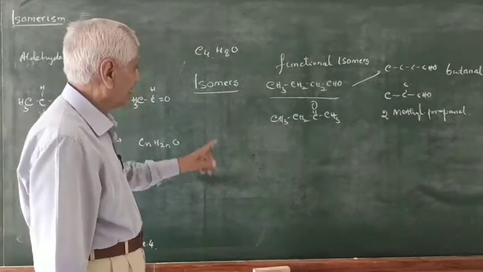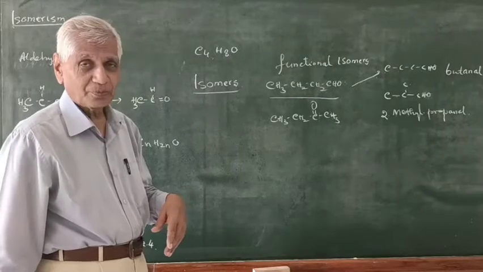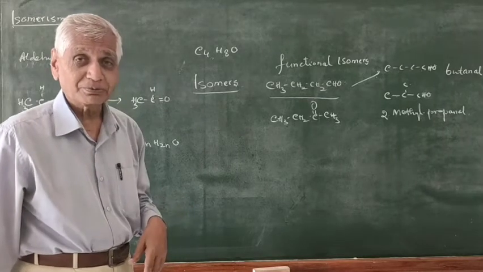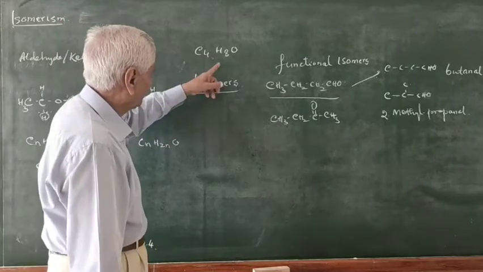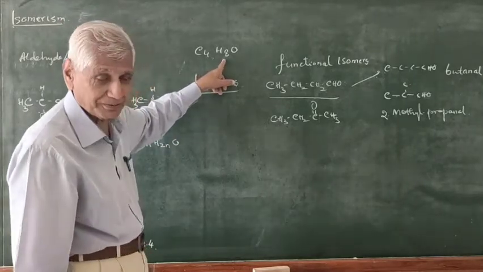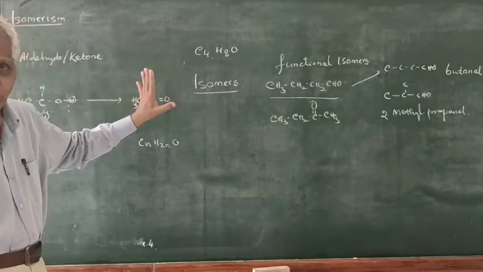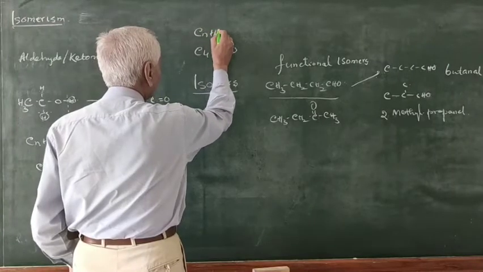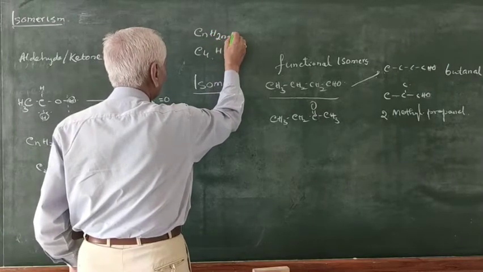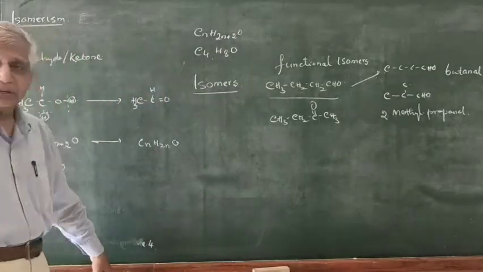Further, this compound also shows another type of isomer. Can you think? This is containing 2 hydrogen less than the corresponding alcohol. Alcohol, you know, is CnH2n+2O.